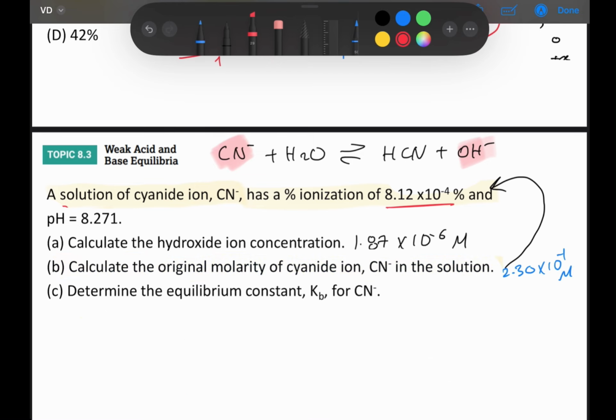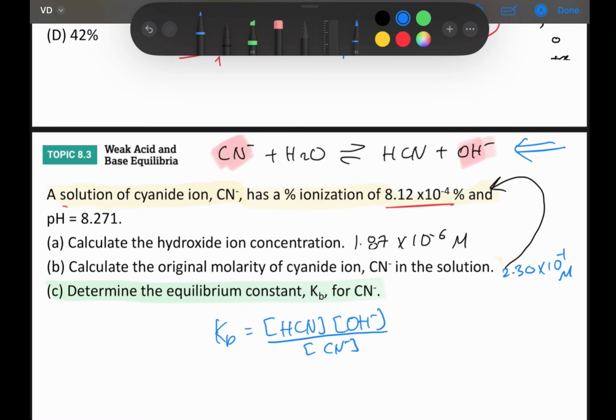And now let's jump to C. The question is asking me to calculate the value of Kb. If we want to write the Kb expression for this one, we can say the Kb is equal to the concentration of the conjugate acid multiplied by OH negative over the original molarity of the base.